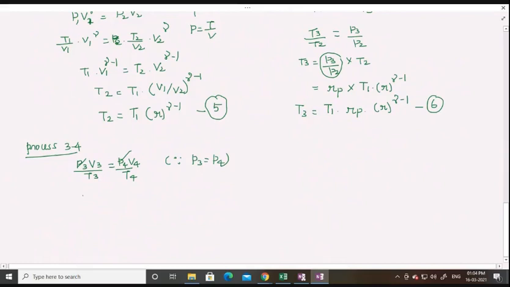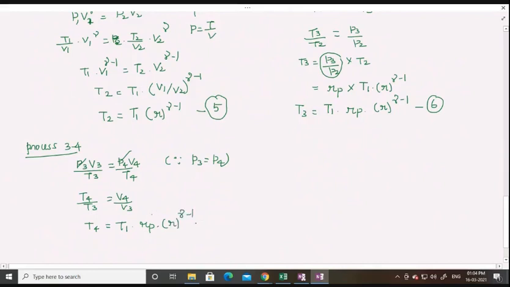The remaining will be T4 divided by T3 equal to V4 divided by V3. So here we need to find T4, in terms of T3. Just use equation number 6 here: T3 is T1 into rp into r power gamma minus 1.